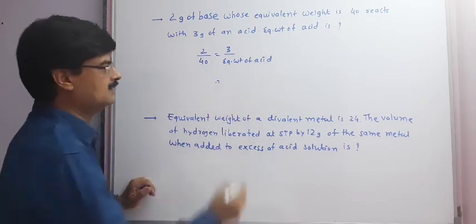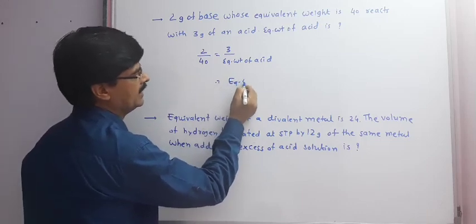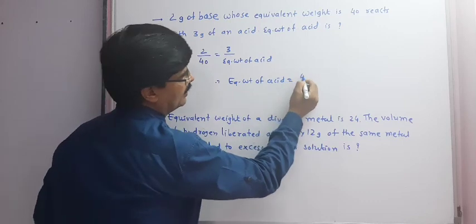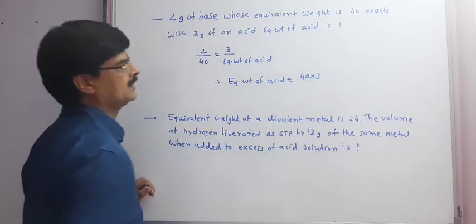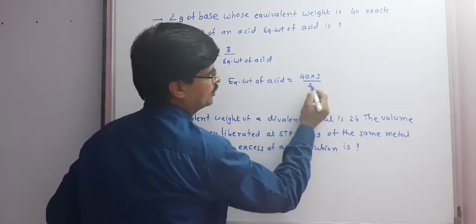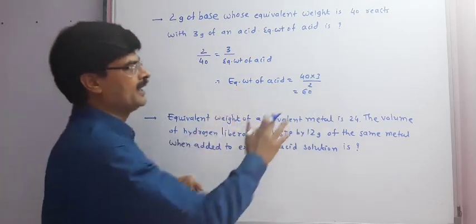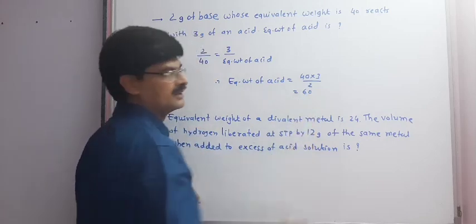From this we get equivalent weight of acid is equal to 40 into 3 divided by 2. So we will get 60. So equivalent weight of acid is equal to 60.